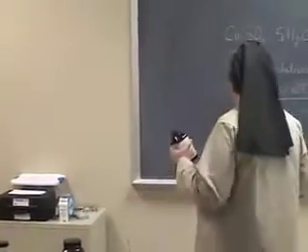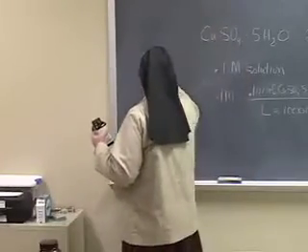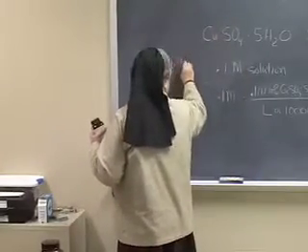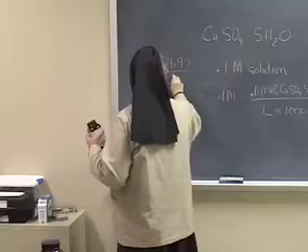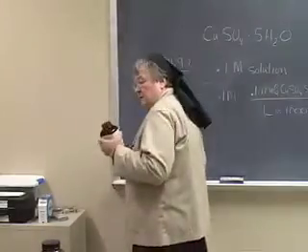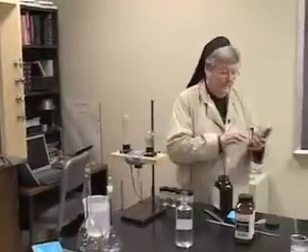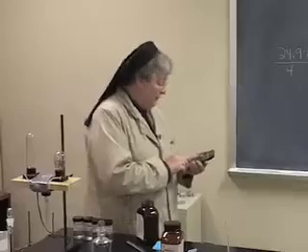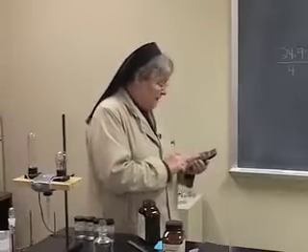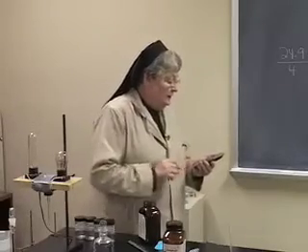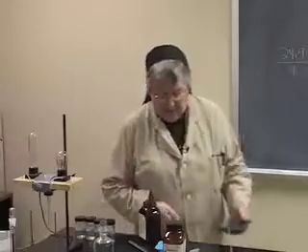So I have to take 24.97 and divide that by 4. And when I do that, and I better use my calculator to do that, 24.97 divided by 4 is equal to 6.24 grams.